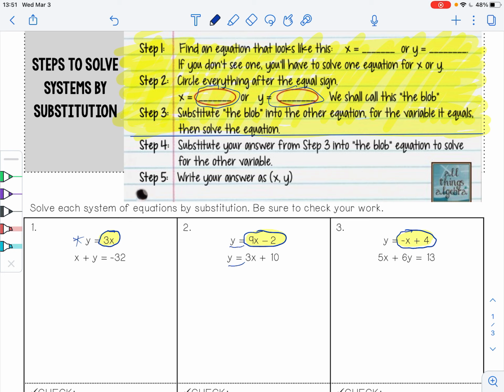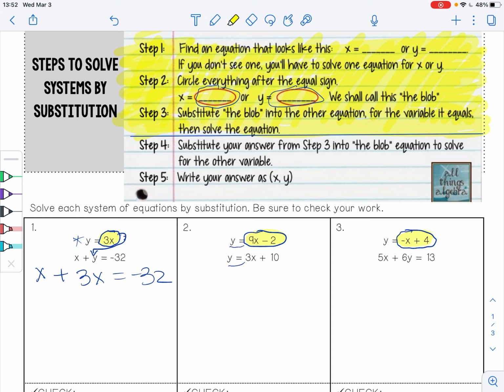So here's what that looks like. For number 1, we will take this blob and substitute it in for the y, because y equals 3x. Instead of putting in the y, we're going to put in what it equals, because we're trying to get rid of the y so that we only have x's. So we'll have x plus 3x equals negative 32.